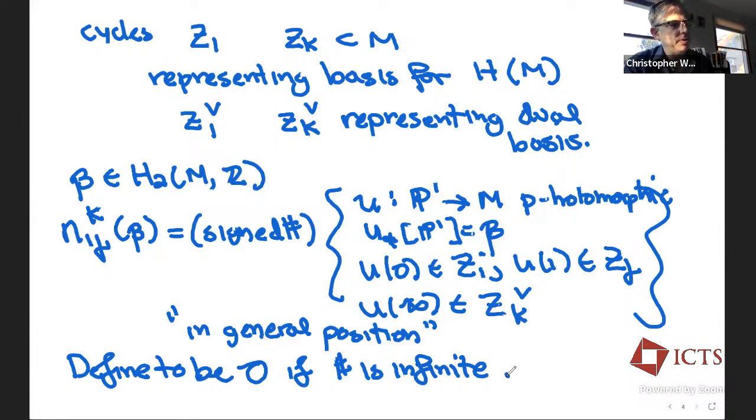And there was a question about modding out by the automorphisms of P1. So here I'm just looking at the 3-point Gromov-Witten invariants. So I'm looking at P1 with 3 markings on it, and so in that case there are no automorphisms.